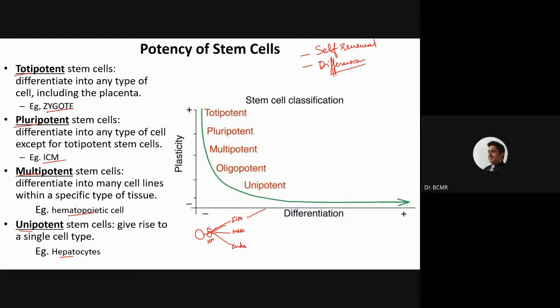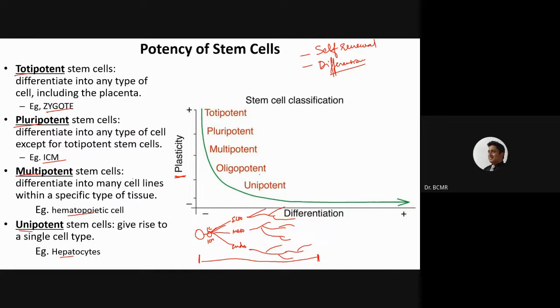And each of these again differentiates to give rise to the different cell types that we have in our body right now. That means the degree of differentiation is increasing from zygote to, say, hematopoietic stem cells. So this is the relationship between the degree of differentiation and plasticity. Plasticity is the ability to differentiate into different types of cells.